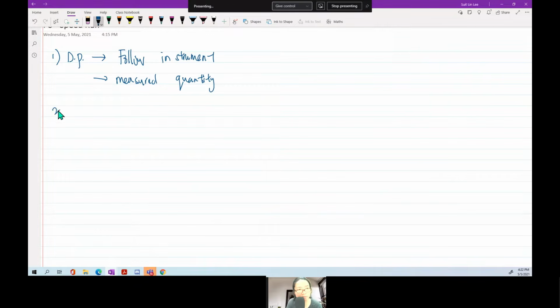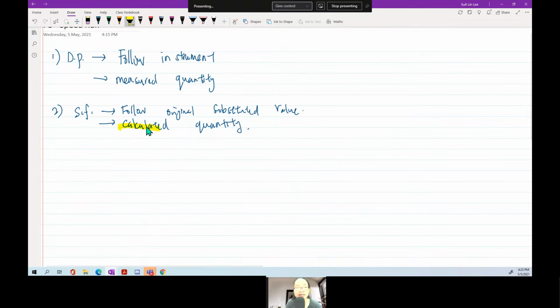The second one is significant figure. Significant figure is to follow the original substituted value, and this one would be a calculated quantity.